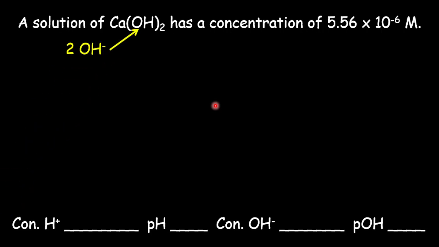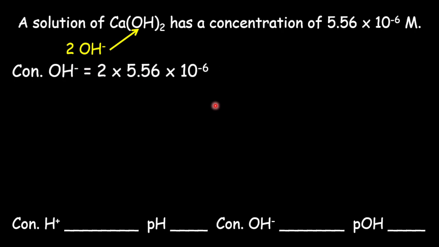All right, so first, I recognize the number of OH ions that can be dissociated from this solution, and it is 2 of them. Next we're going to use our formula to find our concentration of OH minus ions, and since the solution has 5.56 times 10 to the minus 6 molarity, then the molarity of OH will be twice that amount.